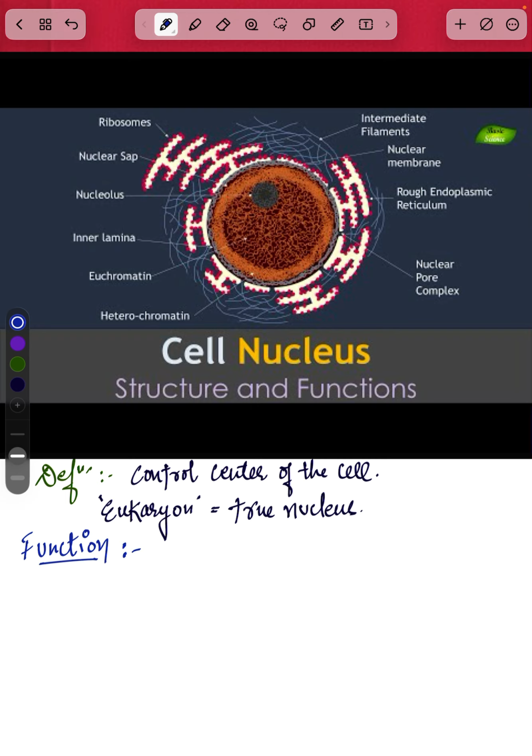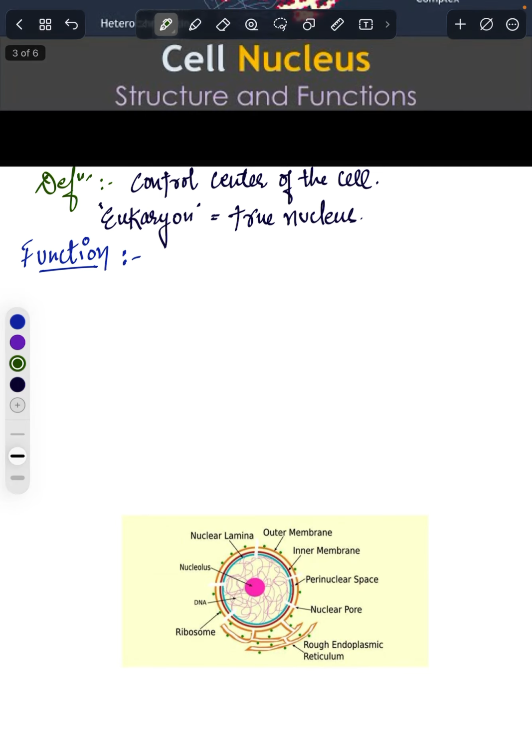Then we see that the nucleus plays the function of storing genetic material first off. It has all the genetic material storage. It controls cell division.